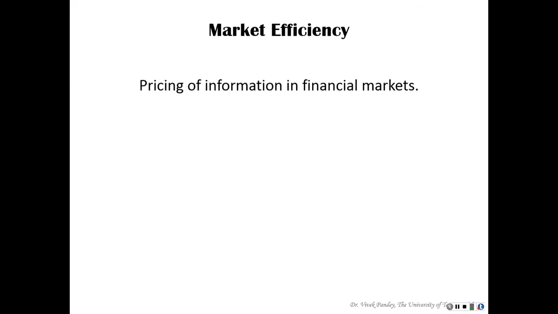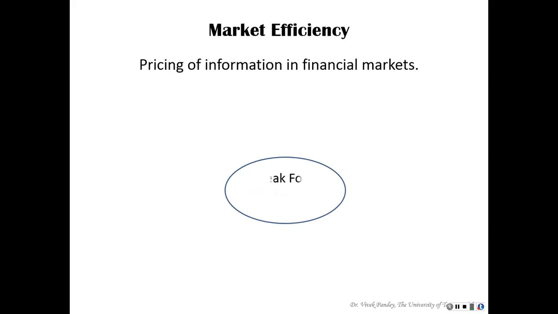So, what is market efficiency all about? We have 3 levels of market efficiency, right? So once again, the notion of market efficiency says that it has to do with how quickly does new information get priced into the markets.